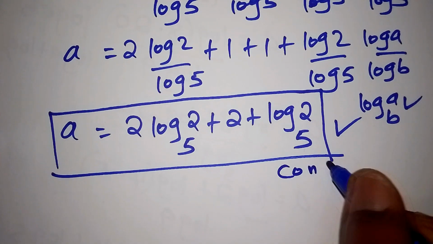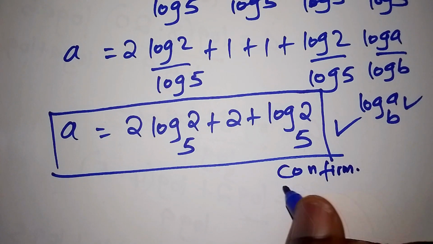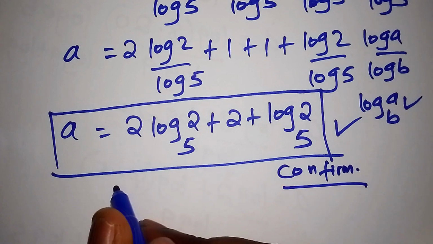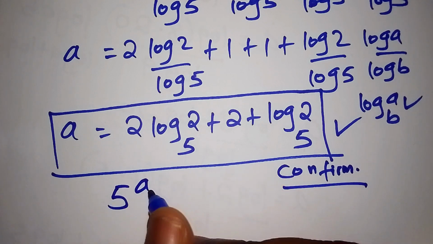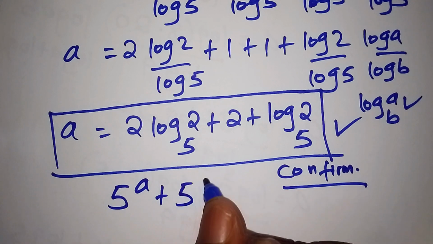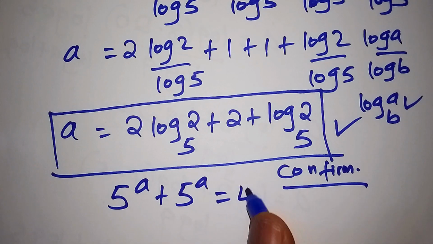So by confirming what we've got, let's have the maths problem. We had 5 to the power of a plus 5 to the power of a is equal to 400. So let's now prove it.